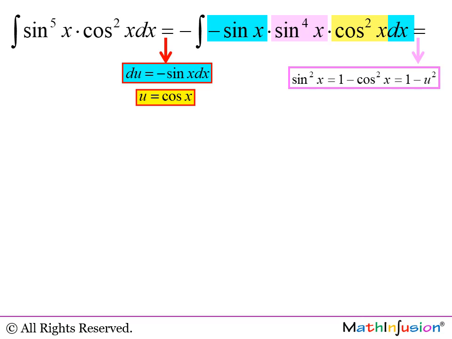Well, I will need to use this Pythagorean identity. Sine to the power of 4 is just 1 minus cosine squared x, all to the power of 2, but cosine of x is u, so I get that sine x to the 4 is 1 minus u to the power of 2, all of this to the power of 2.